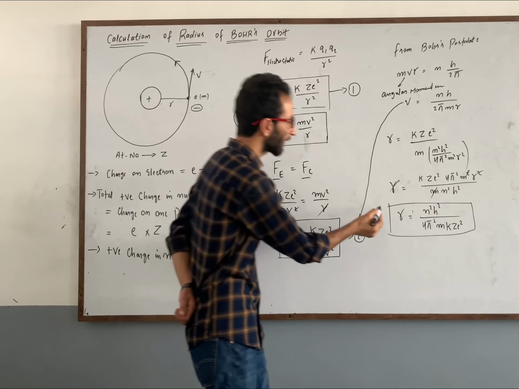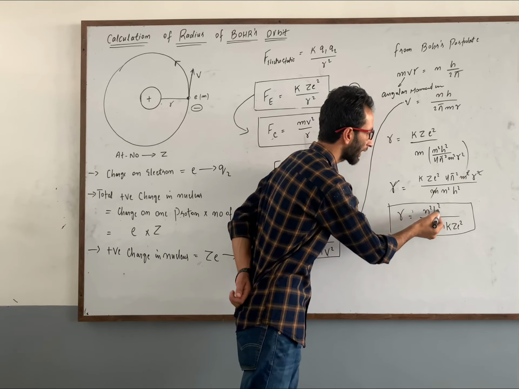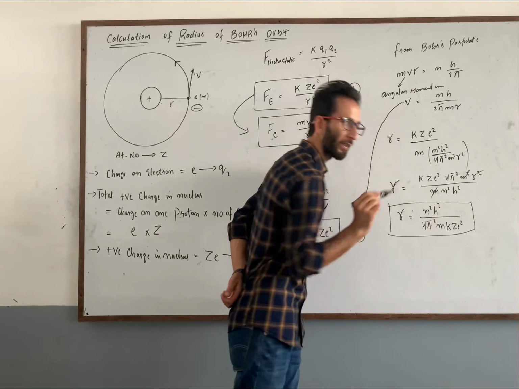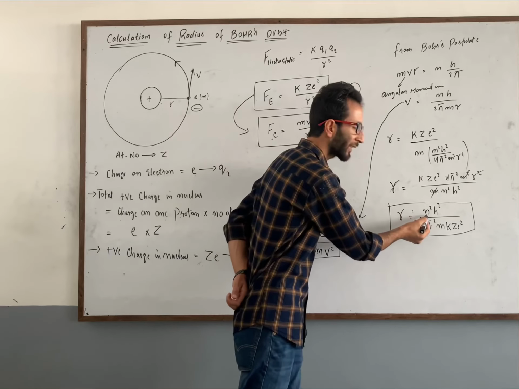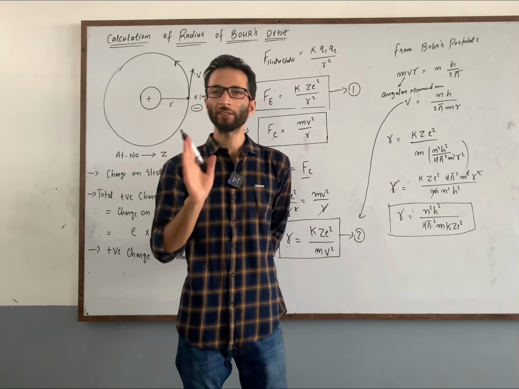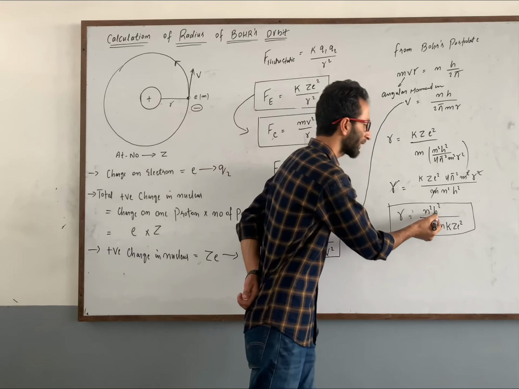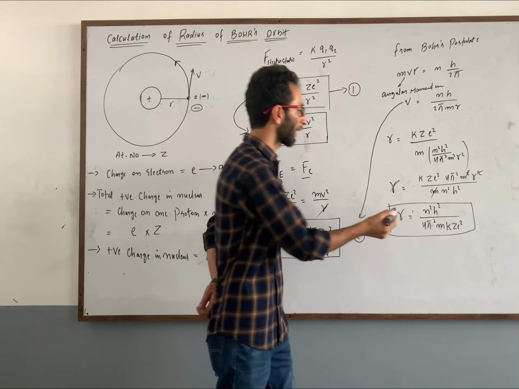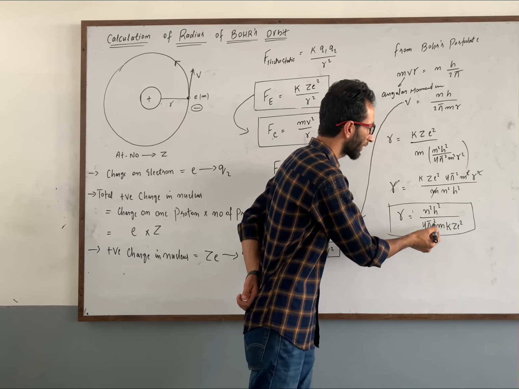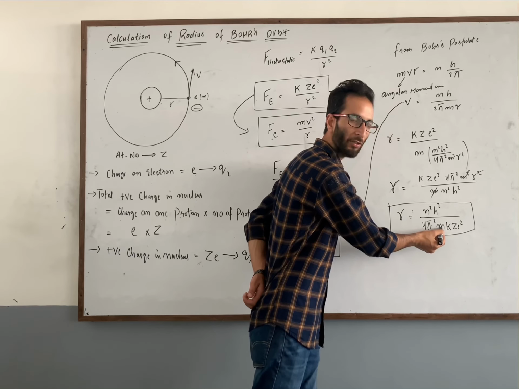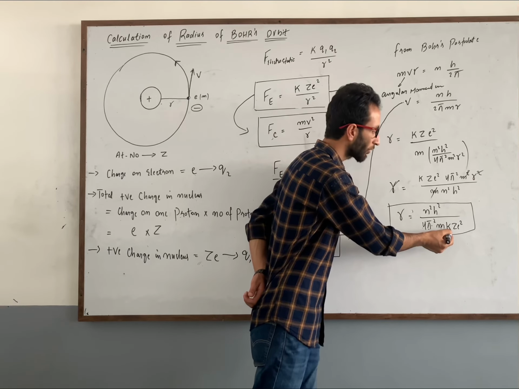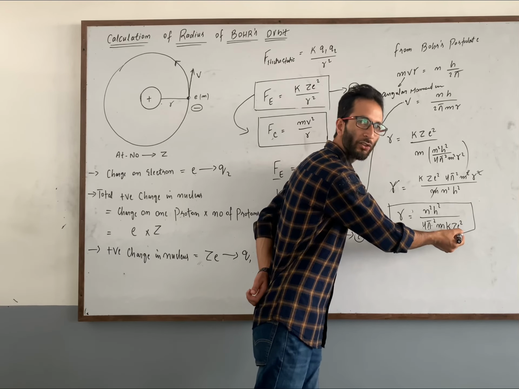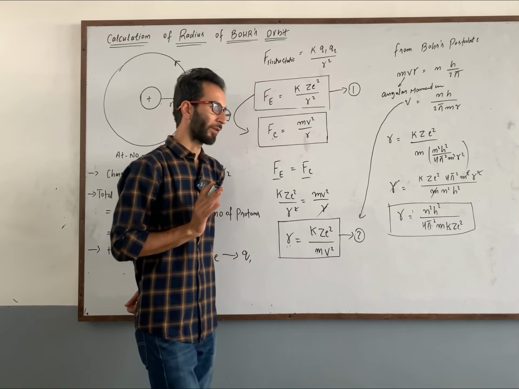The expression will be r is equal to n square h square divided by 4 pi square m K Z e square. Here n represents the principal quantum number, or we can say orbit number. h represents Planck's constant, which is known to us. Pi is another constant. m is the mass of the electron. K is Coulomb's constant. Z is the atomic number, and e is the charge of the electron or proton.